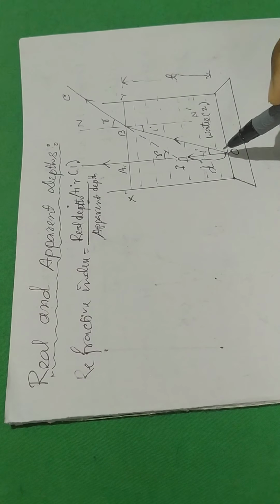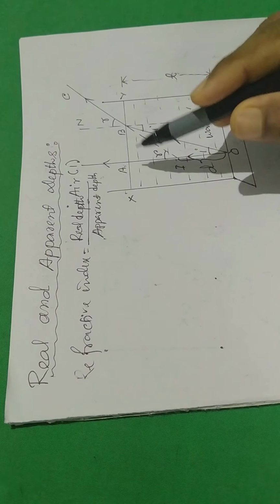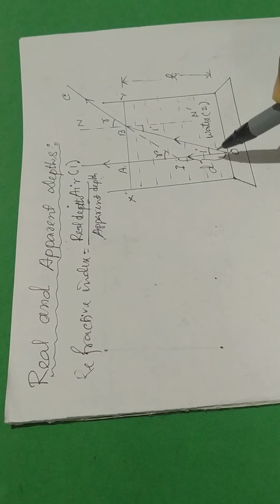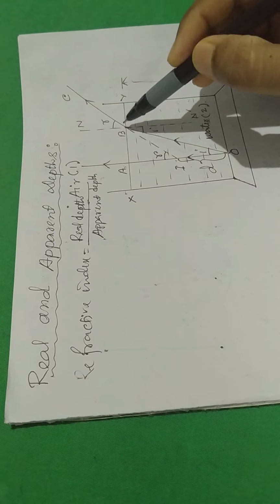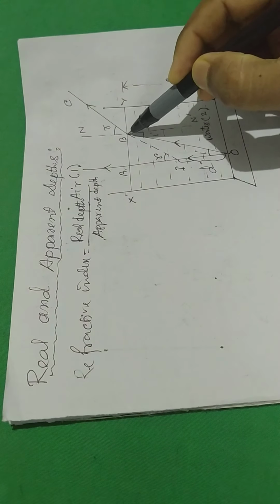The ray OA goes undeviated from liquid to air. And another ray at point B, OB, deviates or is refracted from liquid to air.